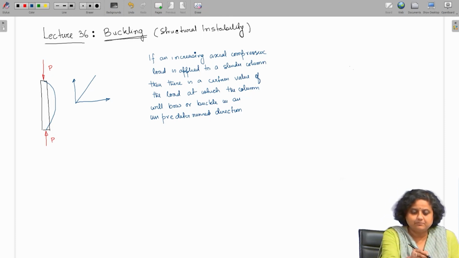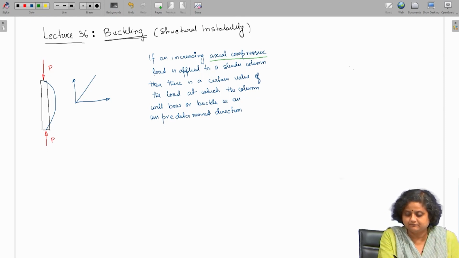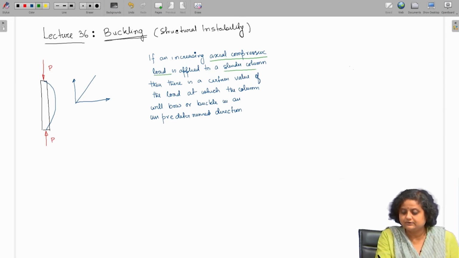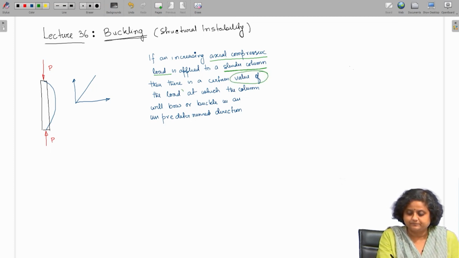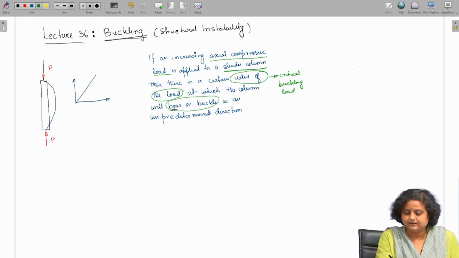So, let us see the important points. If an increasing axial compressive load is applied to a slender column, there is a certain value of the load which is called the critical buckling load. Then the column will bow or buckle in an unpredetermined direction.